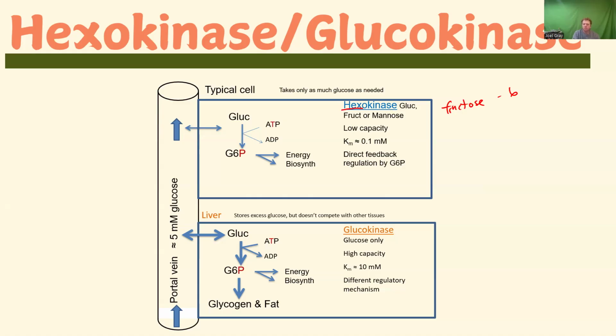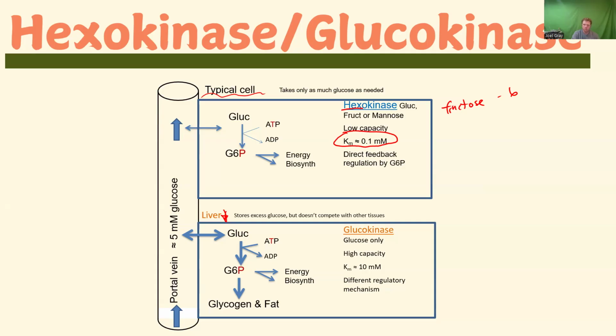If you give your typical cells fructose, mannose, galactose, they're going to be able to do something with it. And hexokinase has a Km of 0.1 millimolar. So it doesn't take a lot of sugar for hexokinase to be activated.